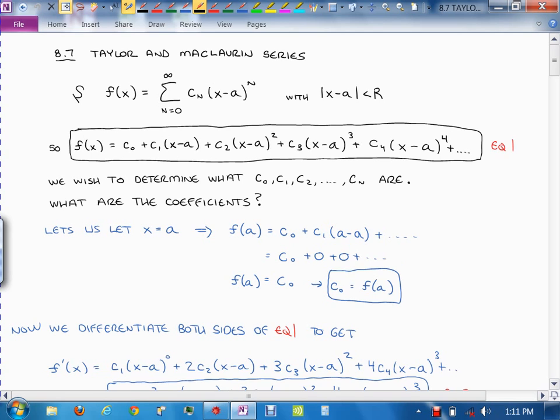So how can we figure out what these constants are? If someone gives us a function and tells us this is its power series, how can we determine what those constants are? That's the big question. We wish to determine what c sub 0, c sub 1, c sub 2, all the way to c sub n are. So what are the coefficients?